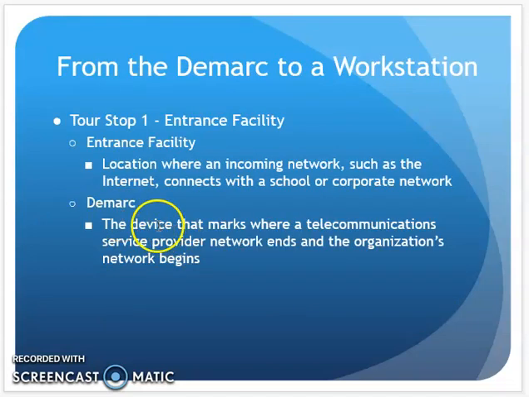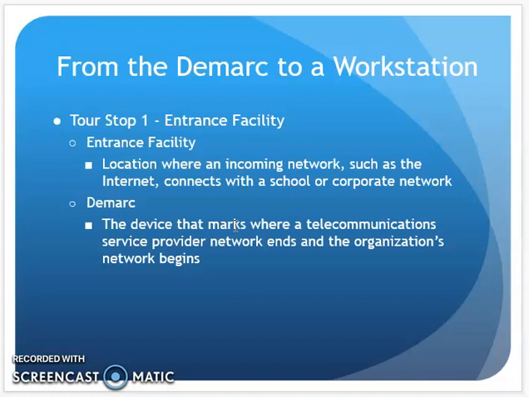The Demarc is the device that marks where the ISP responsibility ends and your responsibility begins. If you're talking about your house, whether you have Comcast, Verizon, whoever it is, usually the box that they put in your house, sometimes it's on the wall of your house or the wall of your basement, that device, usually like half of it is theirs, the other half is yours.